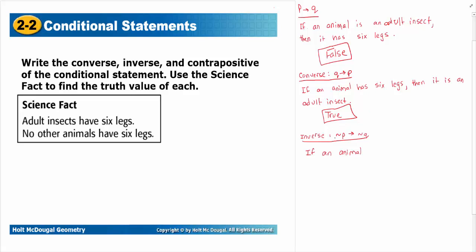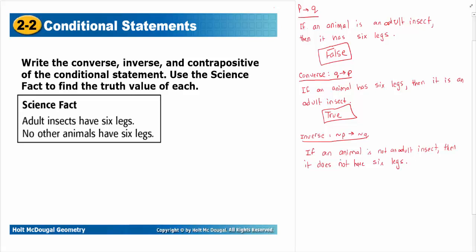I need to say the opposite, the negation of the hypothesis. So that would be, if an animal is not an adult insect, then I'm saying the opposite now of the conclusion. Instead of it has 6 legs, then it does not have 6 legs.